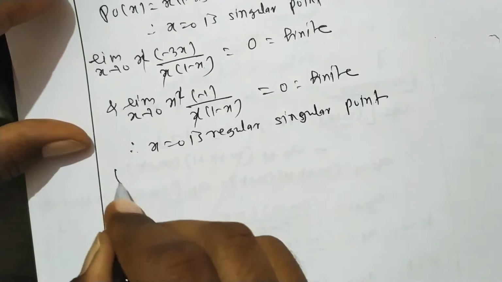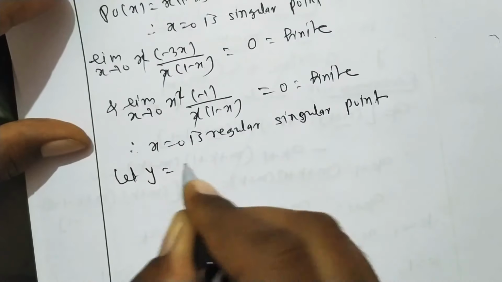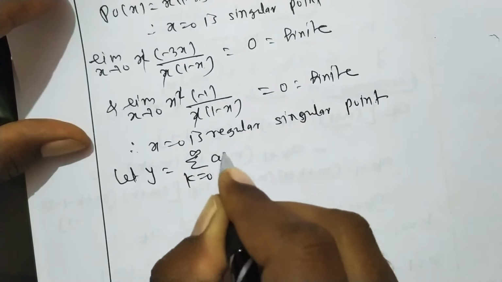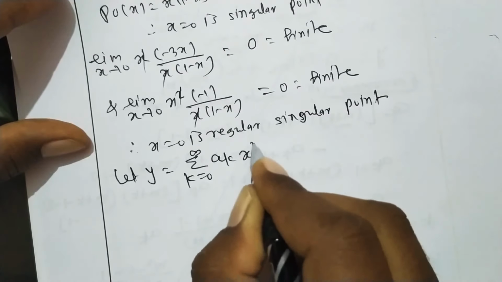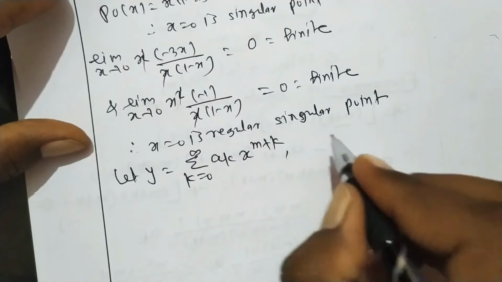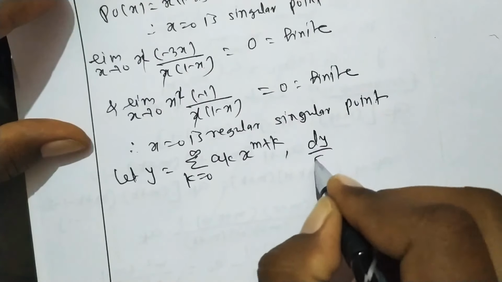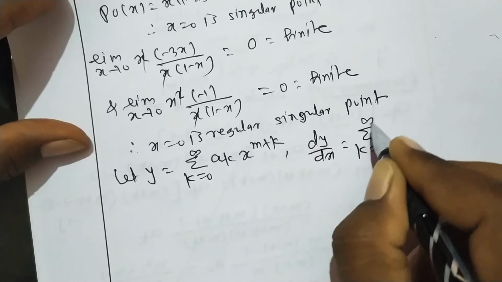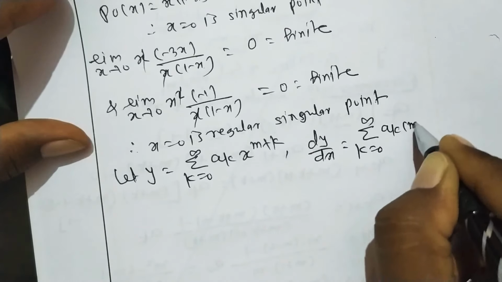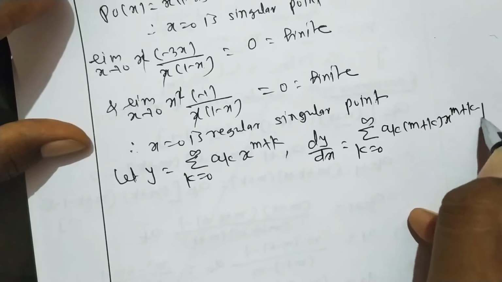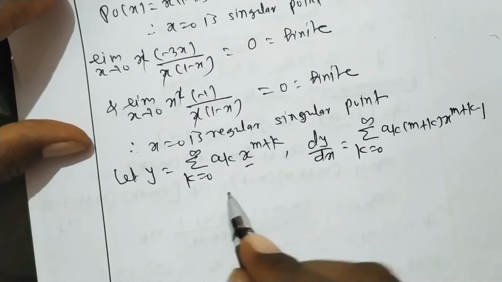to assume the solution of the given differential equation is y equal to the summation of k varies from 0 to infinity a_k x^(m+k). And if we take y equal to this, then from that we have to write dy/dx also. So dy/dx is the summation of k from 0 to infinity a_k (m+k) x^(m+k-1), meaning we only take the derivative of this.